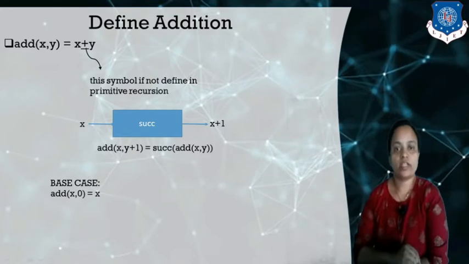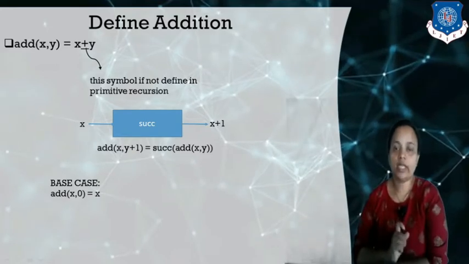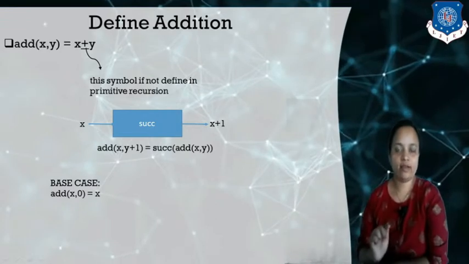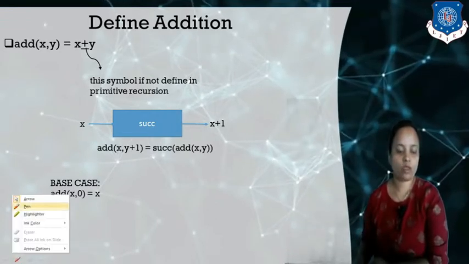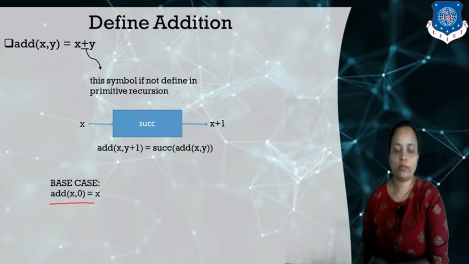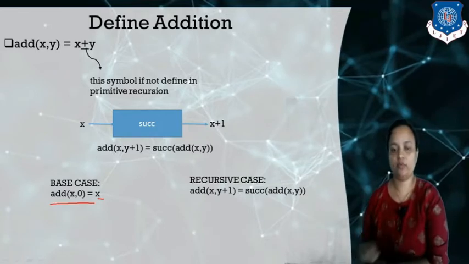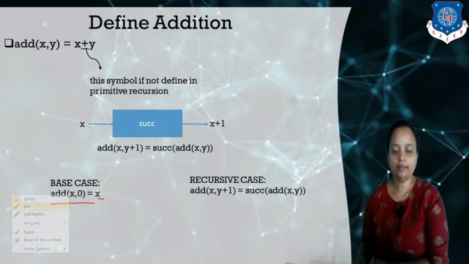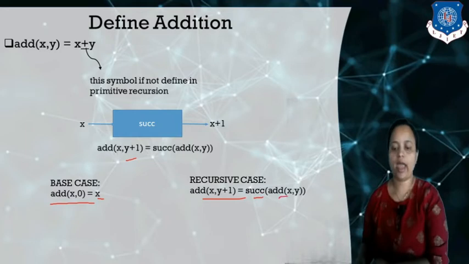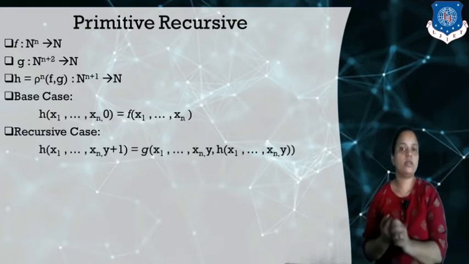In this example our base case is adding 0 to the number: add x comma 0 is equal to x. And our recursive step is: add x comma y plus 1 recursively calls the successor function on add x comma y. This is primitive recursive.